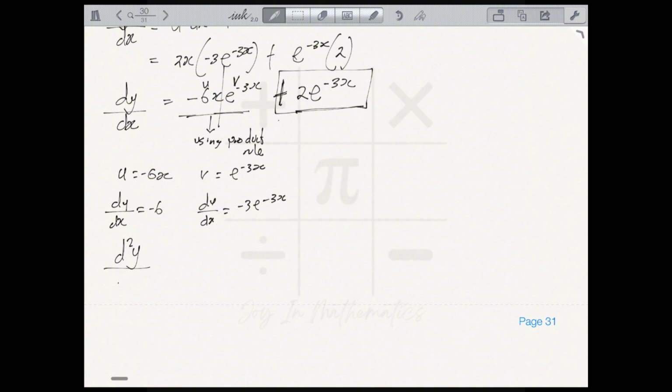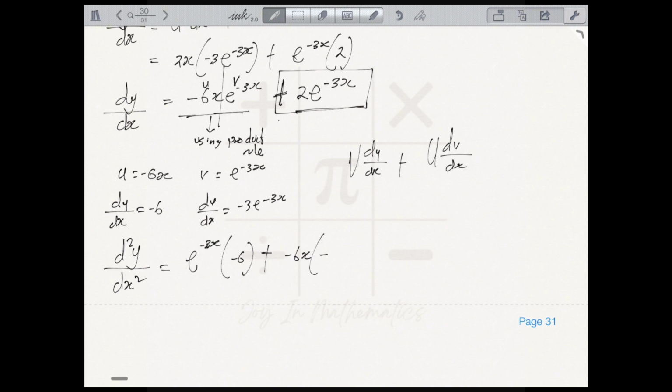So d square y dx squared, applying product rule, let's start with v du dx plus u dv dx. That's exponential minus 3x multiplied by du dx, that's minus 6, plus u, minus 6x, multiplied by minus 3 exponential minus 3x.